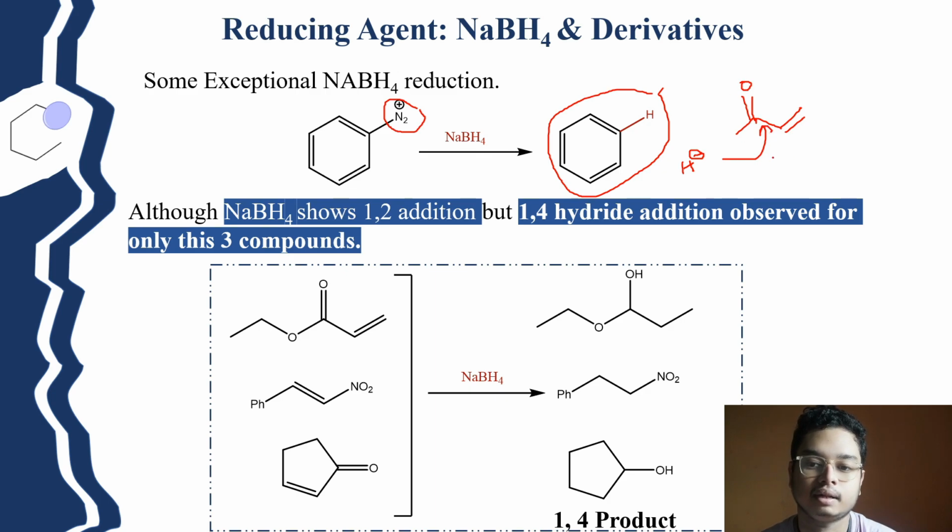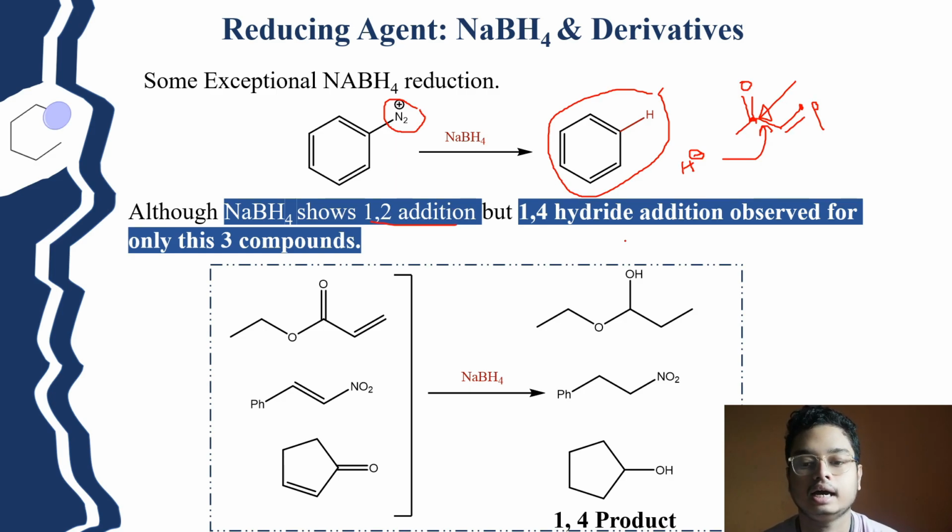In an alpha beta unsaturated carbonyl compound, the hard center is the carbonyl carbon, and the soft center is the beta carbon. So NaBH4 usually attacks the hard center, that is the carbonyl carbon. So 1,2 addition takes place.